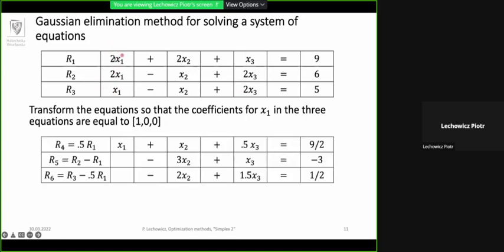So to change this column to 1, 0, 0 vector, first of all, we need to divide equation R1 by 2. So if we divide it by 2, 2x1 becomes x1, 2x2 becomes x2, and x3 becomes 1 second x3.